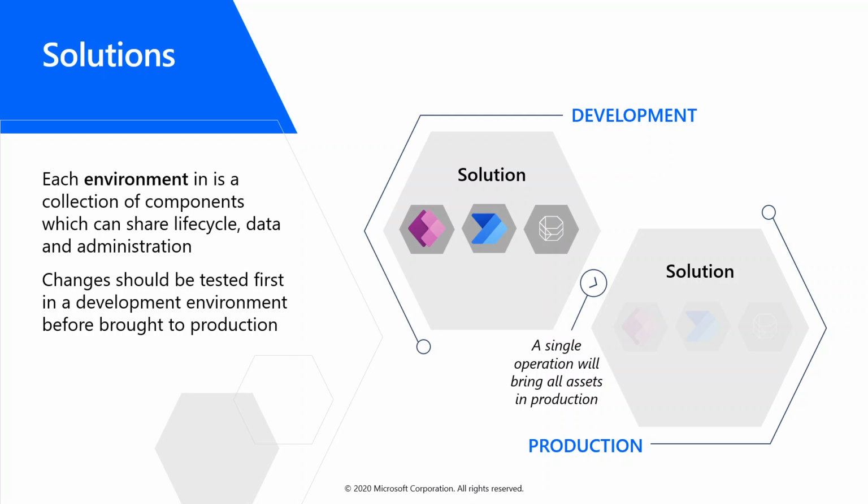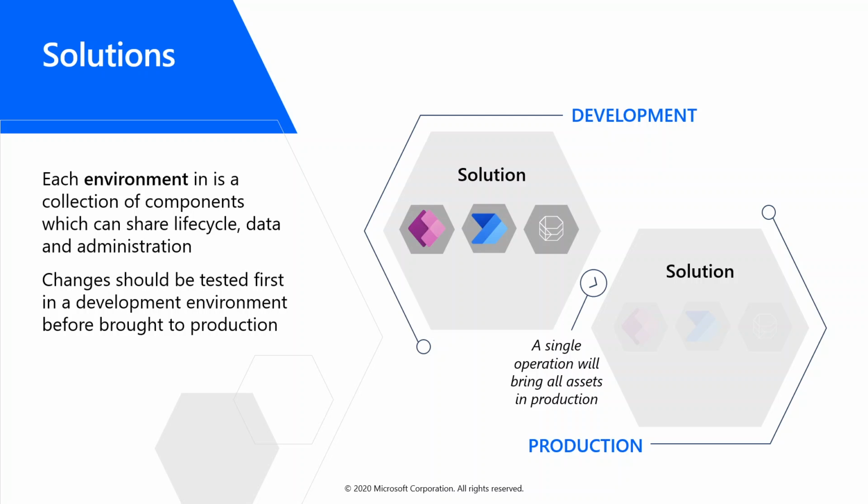And how this works in terms of moving data between development and production environments, for example, or between different environments in general. If each environment is a collection of components, then those components are moved by using these things called solutions. So you can have many solutions inside an environment, and the solution can have many different components.